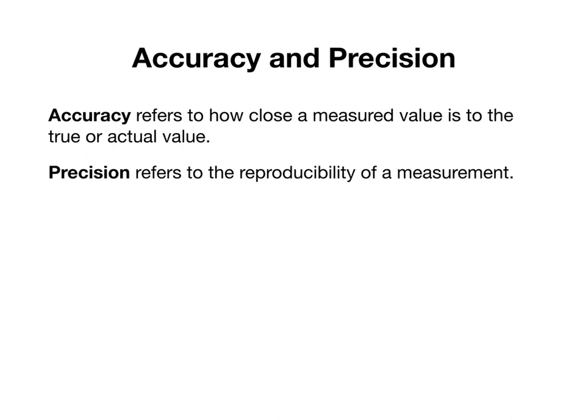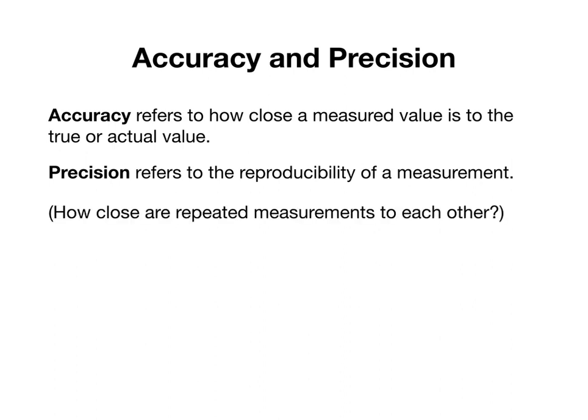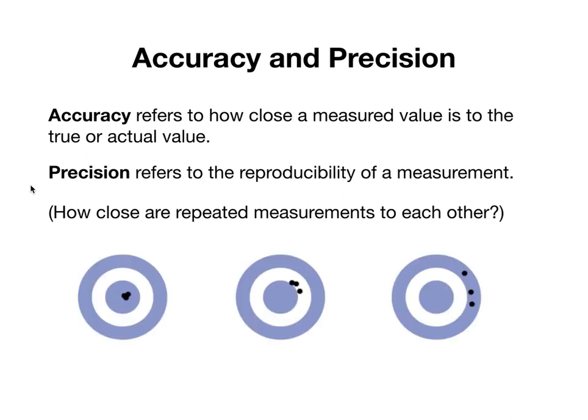If you're making repeated measurements, how close are those repeated measurements to each other? So accuracy and precision do not mean the same thing. Let me show you an example. There's an example in your book that I wanted to go over.